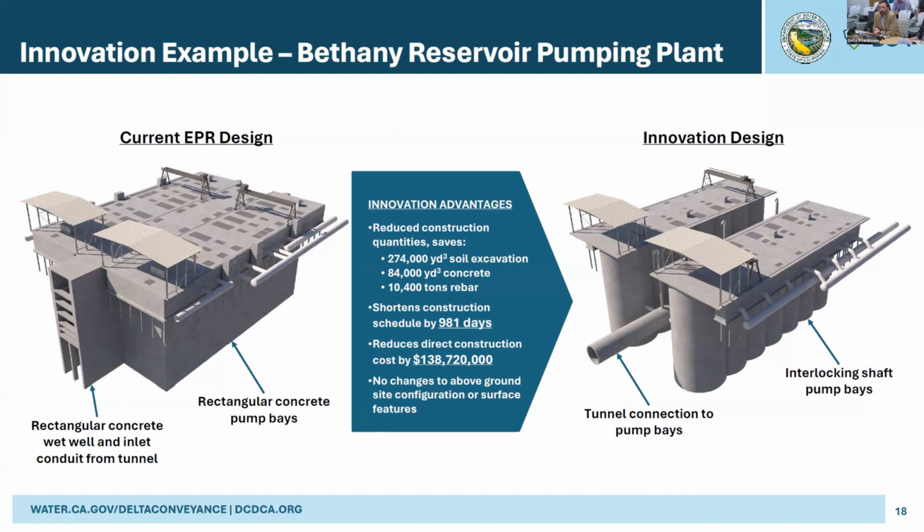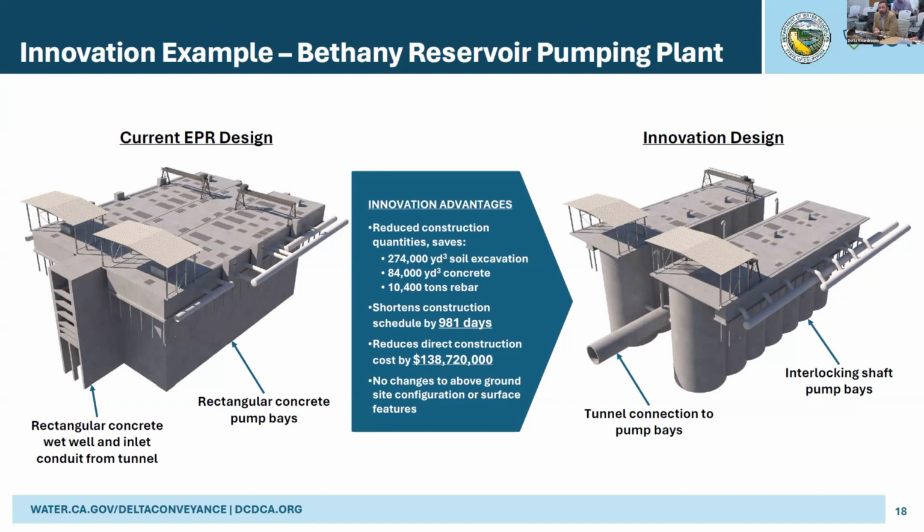In doing this, we're able to substantially reduce construction quantities. Just to provide reference, it's 274,000 cubic yards of reduced soil excavation associated with this configuration, 84,000 cubic yards of concrete saved, 10,400 tons of rebar reduced. So major changes, major reductions potentially in construction quantities.